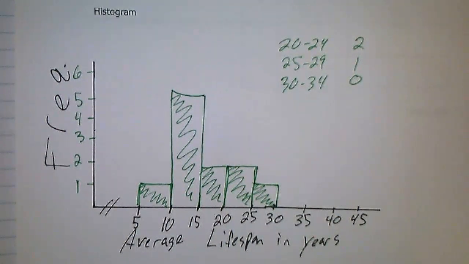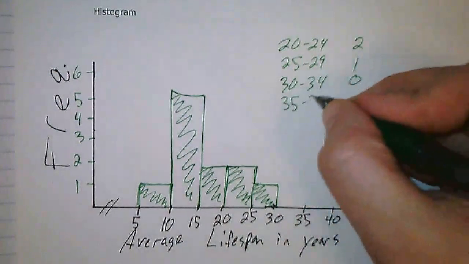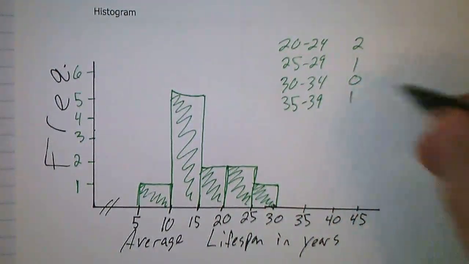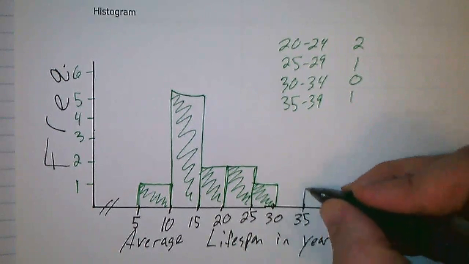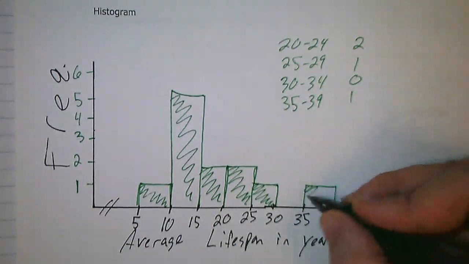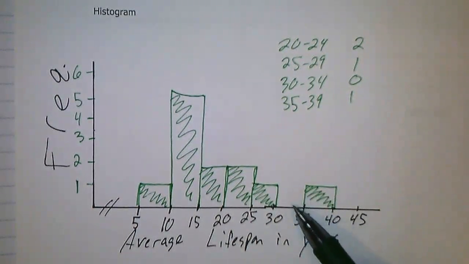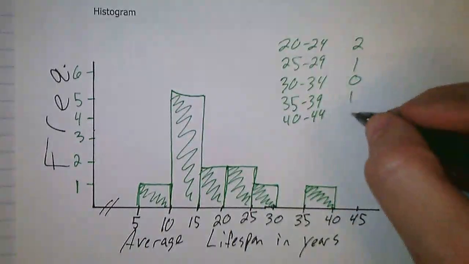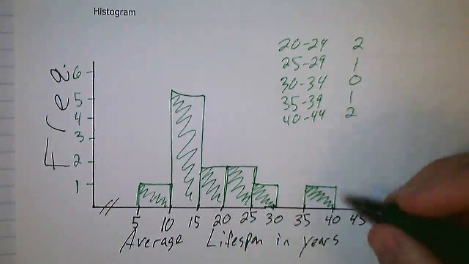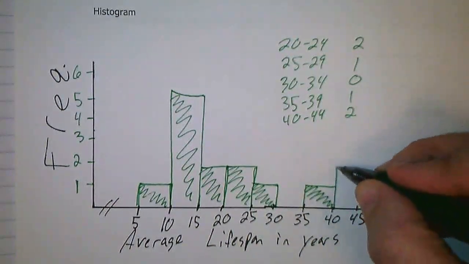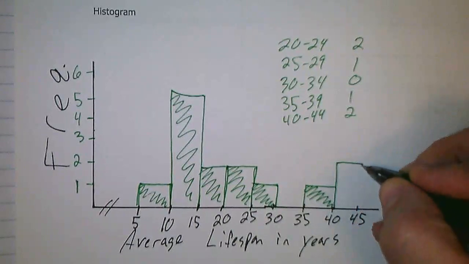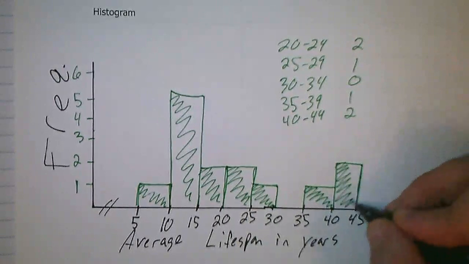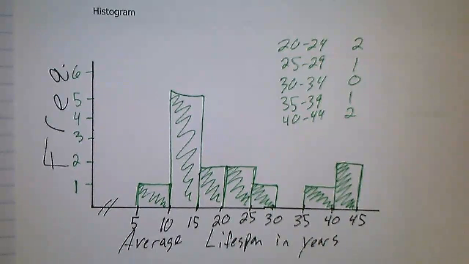But then 35 to 39 had a frequency of 1. So we pick back up after the blank field. And then 40 to 44 had a frequency of 2. So we go up to 2 and stop at that 5-year bin of 45.